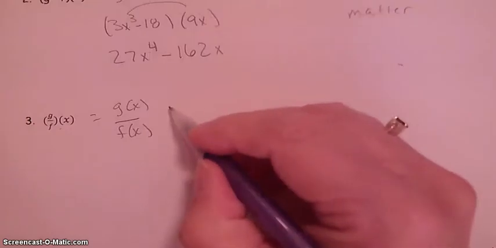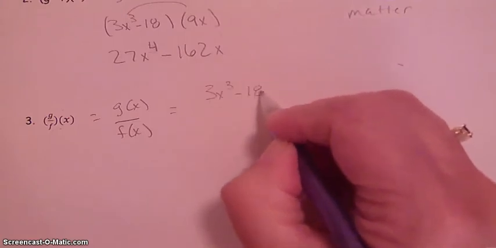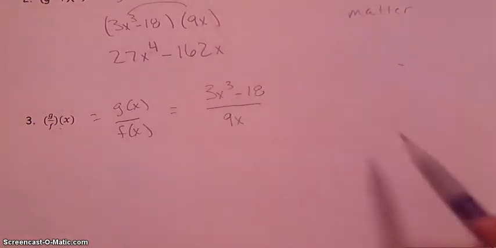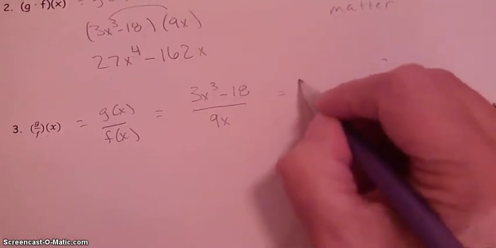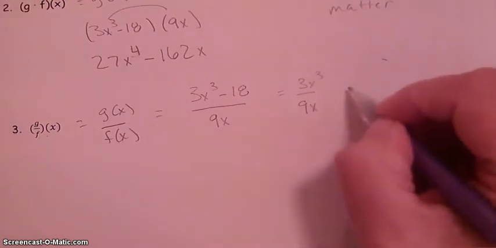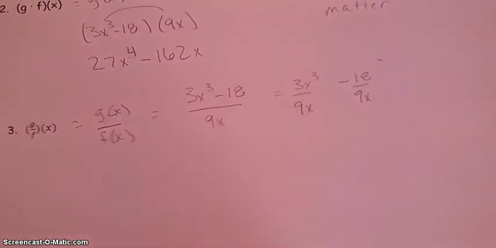Okay, so if I wrote that out, I'd have 3x cubed minus 18. F of x is 9x. So when we're dividing by a monomial, remember we can basically just break this down and have 3x cubed divided by 9x, and then minus 18 over 9x. And then we'll just want to simplify this.